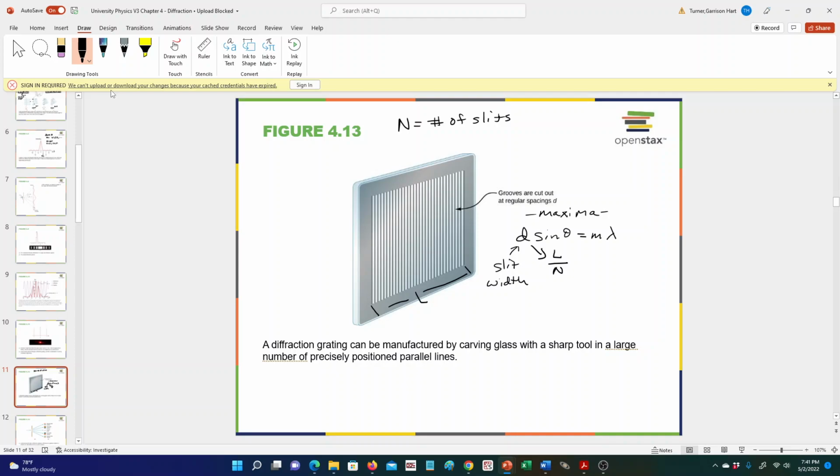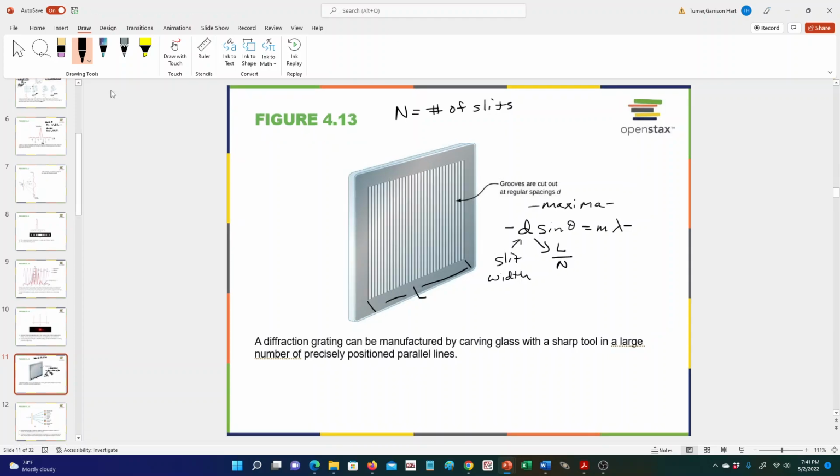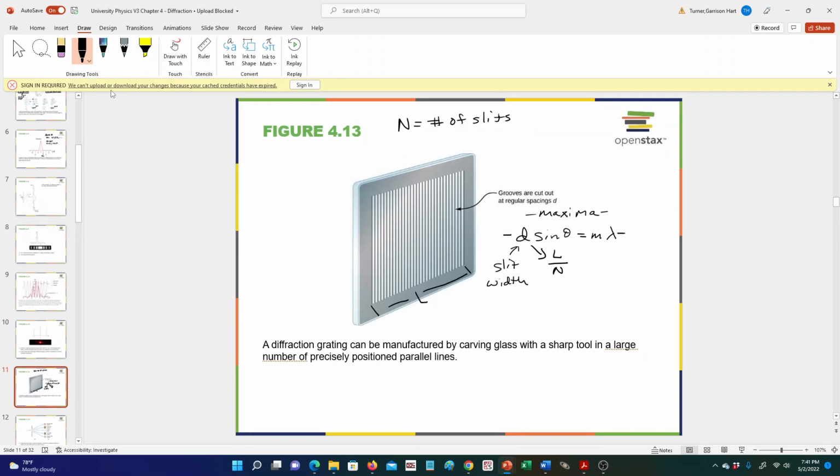double slit interference, the formula is pretty much the same. Once you have your distance between your slits, the formula works out to be exactly the same, where your maxima are going to be found by this particular formula.